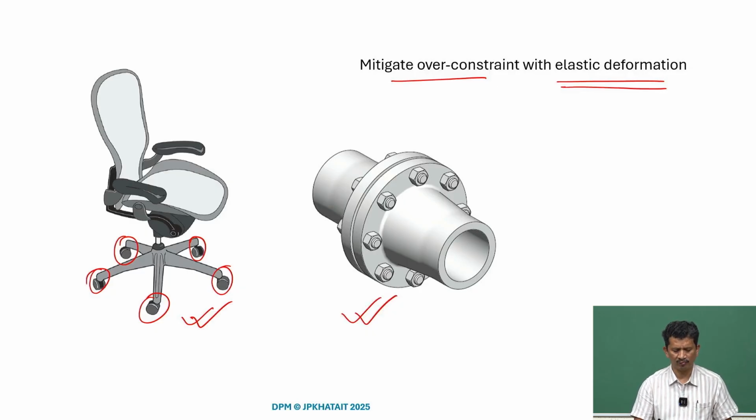Again, here there are many bolts, and we consider the elastic deformation of the surfaces. When we tighten, the asperities are there, so it may not be flat, but as we tighten the bolts, it will come in contact and deform. So, over constraint may not be a problem in that case.